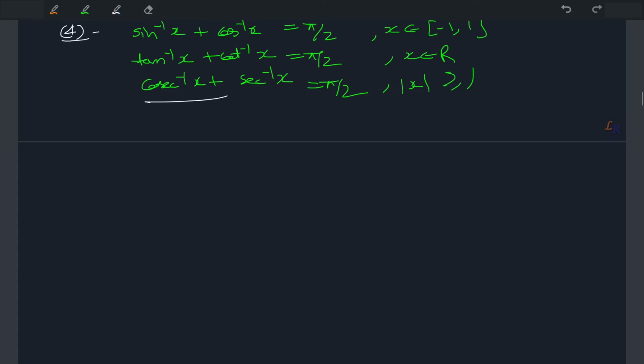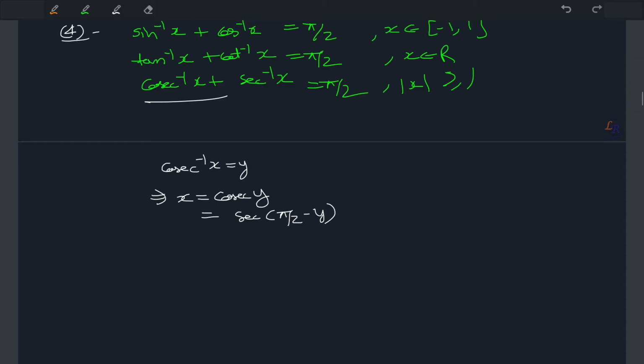Let's assume that cosec inverse x is equal to y. So you can write x is equal to cosec y. No problem with that. And you can write cosec y is equal to sec of pi by 2 minus y, the trigonometric function properties you might have studied in 11th and we had discussed in the beginning chapter.